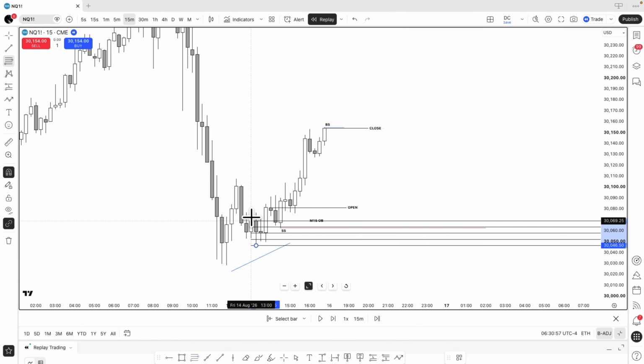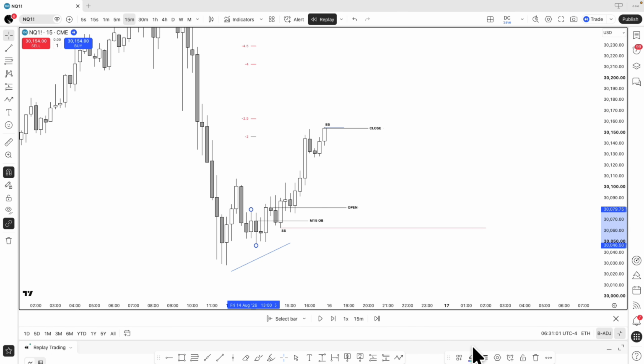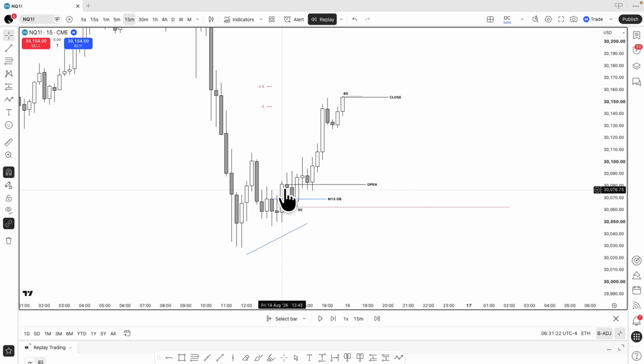If we were to add a standard deviation for the sake of adding one, we have that -2, -2.5 where the high ends up forming. But we can see that the 1400 candle opens here, forms its low inside of this M15 PD array, and then it invites that expansion.